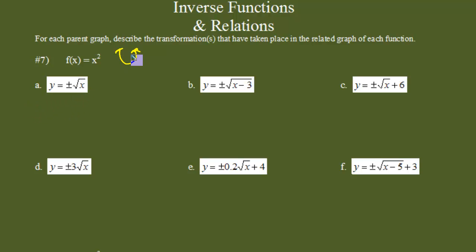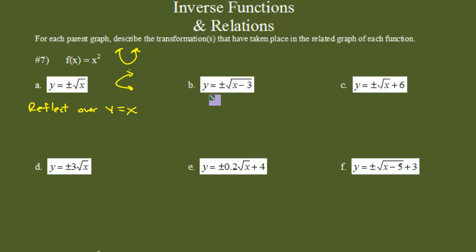If it's the inverse, it's the same graph as this yellow one, but it's reflected over the line y equals x. So this is reflect over the line y equals x.